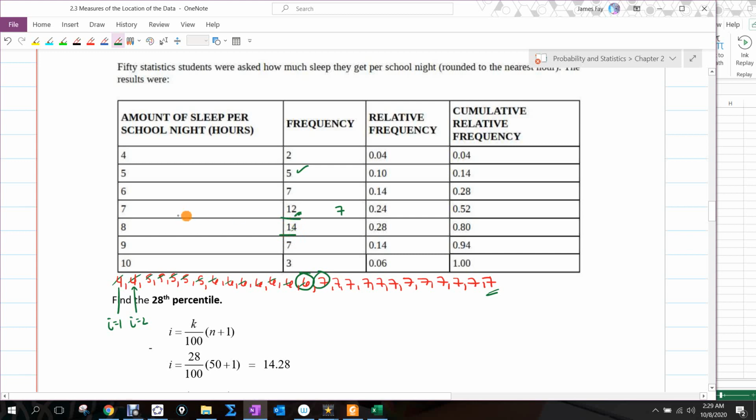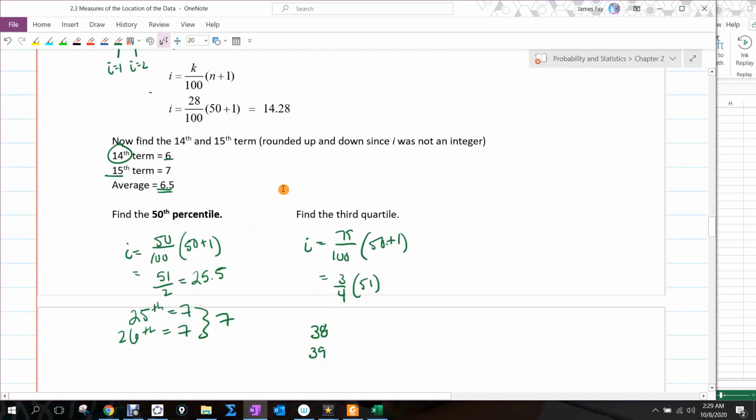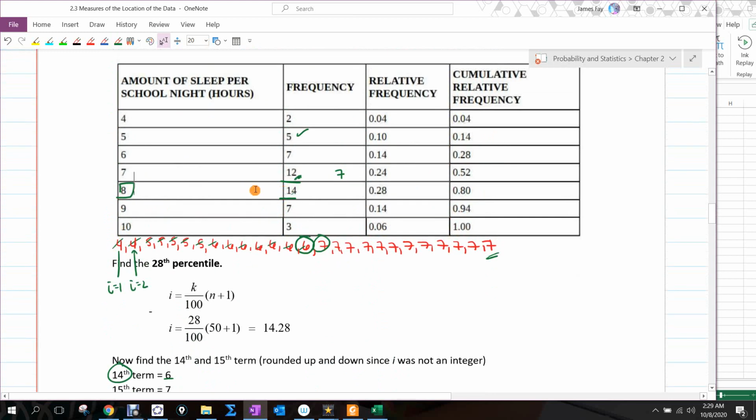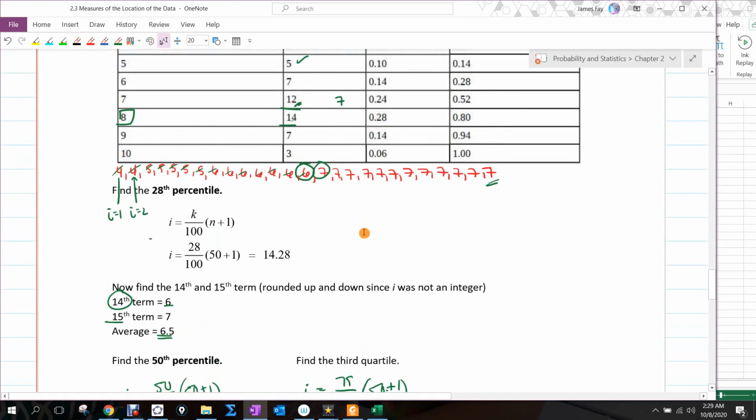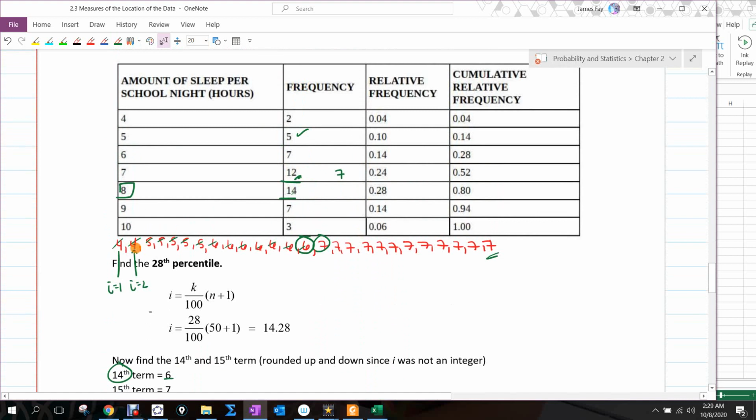So the 38th term would have also been 8. And the 39th term would have also been 8. So then the average of 8 and 8 is 8. Again, you can figure that out if you wanted to take this frequency and write this entire list out and then count to the 38th and 39th. But they're both going to be that 8.